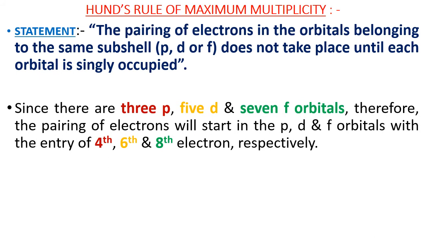Since there are 3 p, 5 d, and 7 f orbitals, the pairing of electrons will start in the p, d, and f orbitals with the entry of the 4th, 6th, and 8th electron respectively.